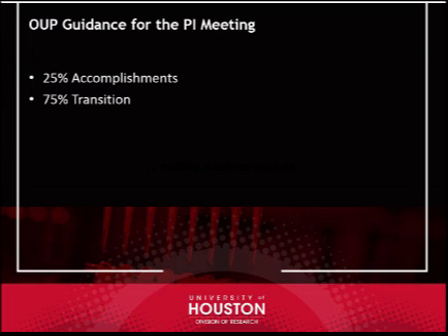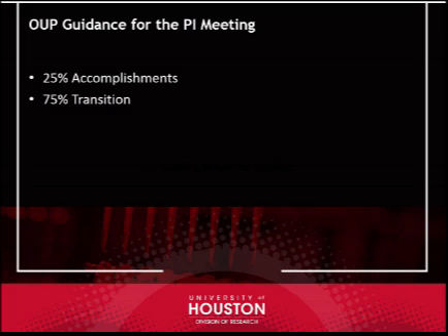The guidance that we received for the annual PI meeting is that it's best if the performers focus about 25% of their time on the accomplishments. Of course, they will give a little bit about the history of the project and the accomplishments, and talk about 75% on the transition.